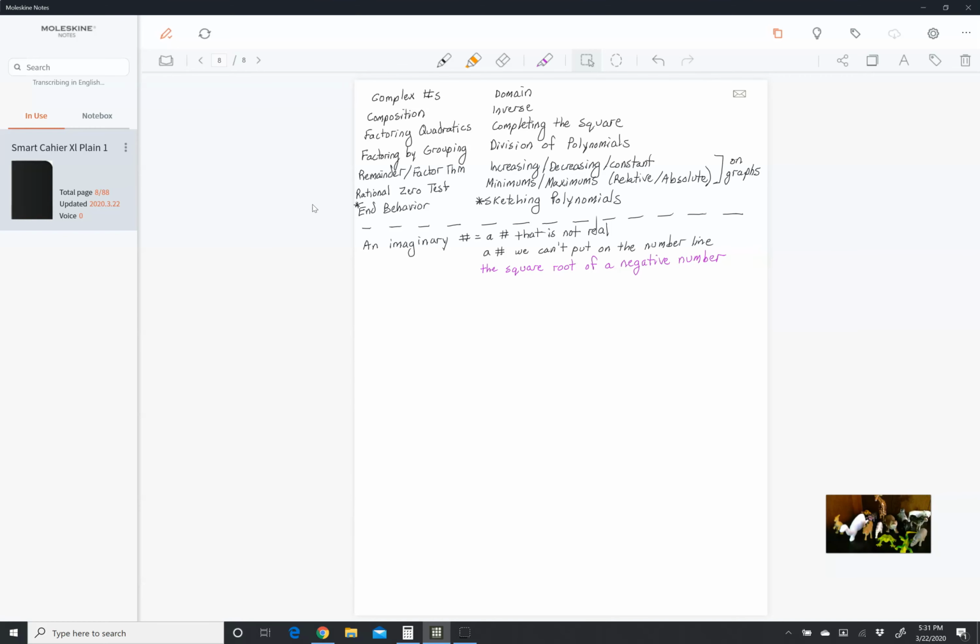And we use i. i has a value. It is not any imaginary number. It is specifically the square root of -1.